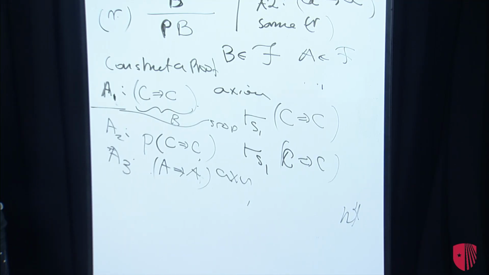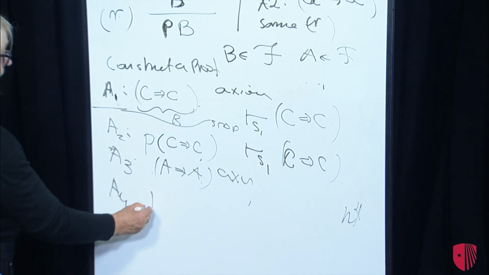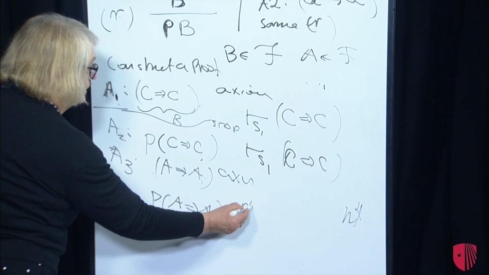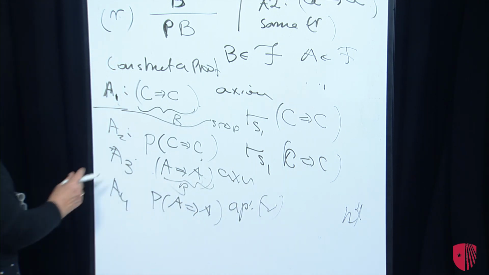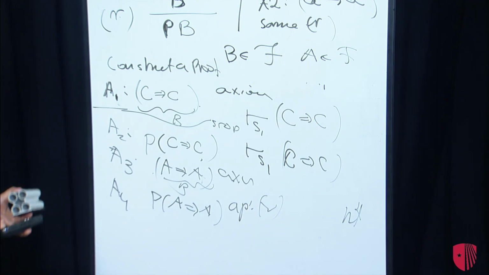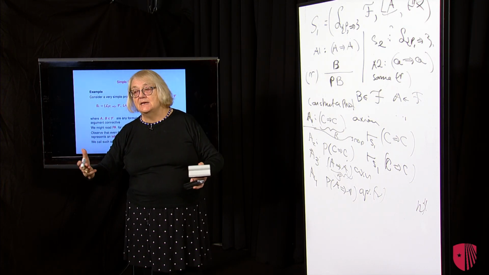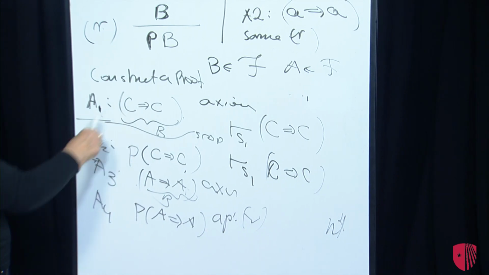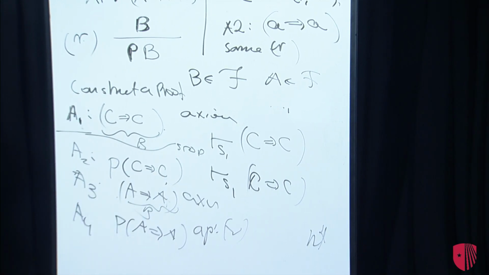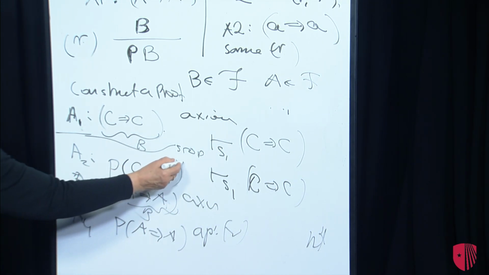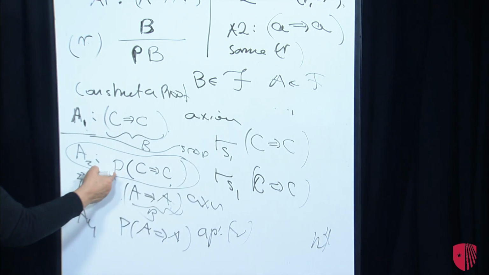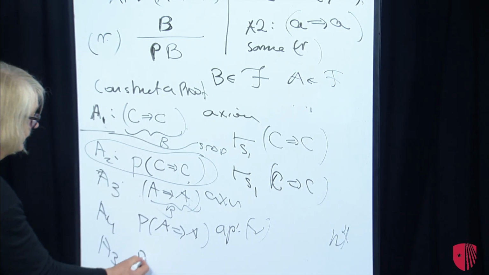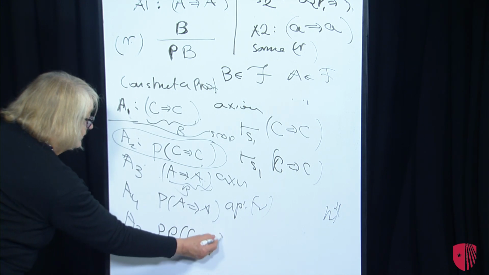But then I can keep going, and I can write PA implies A, an application of the rule, where this is our B. Those symbols mean that A, B and C are any formula, so under that B, I can put this, or under this B, I can put that as my B. And if I want to use the rule on this, I can write another element of my proof. I can use P of C implies C, you see.